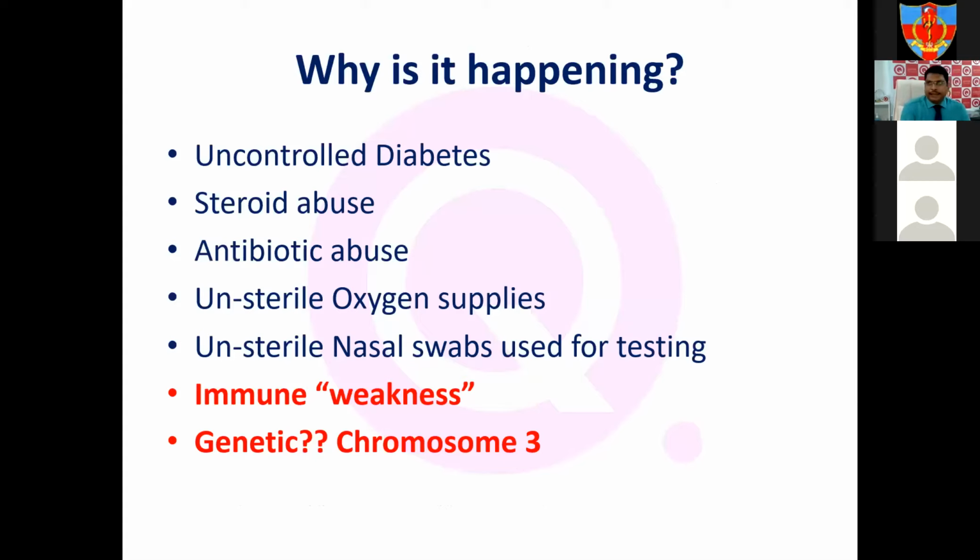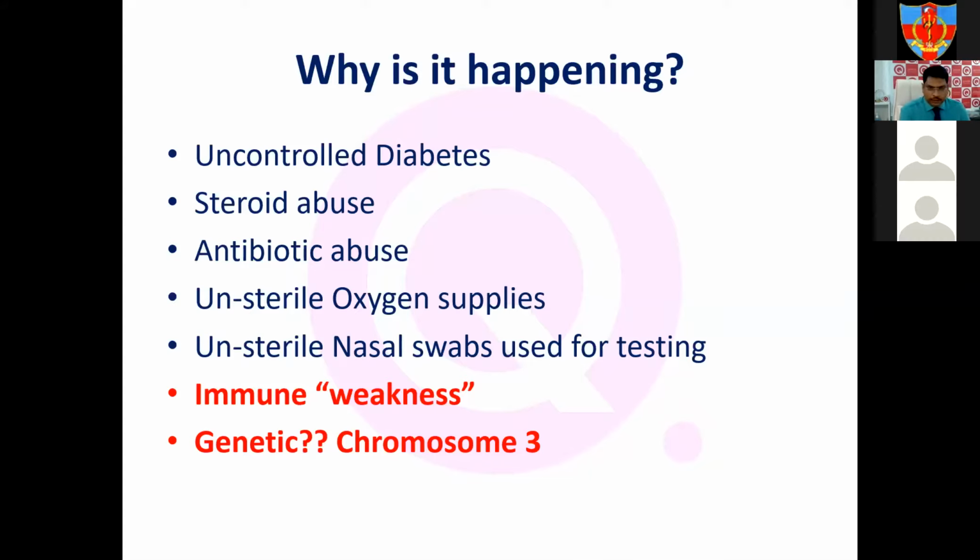The second topic that has to come into this picture is, why is this happening? A lot of theories have come, both in the scientific literature, as we have seen in earlier articles, and in public discourse and media debates, attributing a few reasons for the proneness to this kind of fungal infection in India: uncontrolled diabetes, steroid abuse, antibiotic abuse, and when oxygen supplies were in short supply, having to be prepared on such short notice and delivered in unsterile containers to the hospitals.